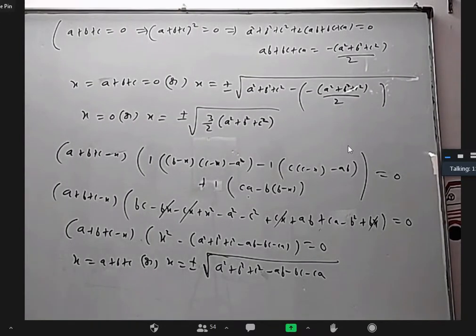Sir, before that, can you explain the fourth question once, sir? In the mains material, fourth question. Yes, sir. That cos theta, sin theta, minus sin theta, cos theta, right? Yes, sir. Basically, you write it as a sum of two matrices.